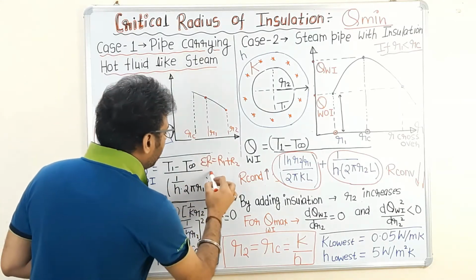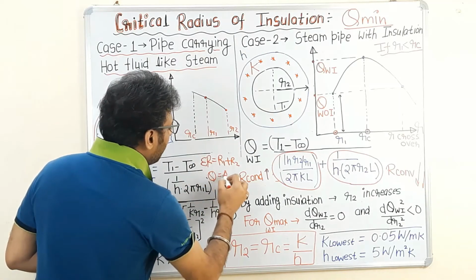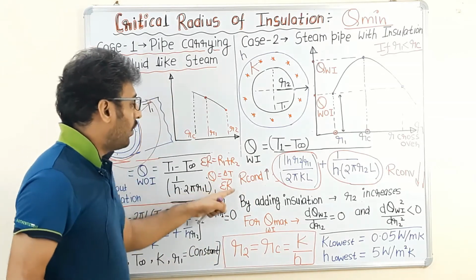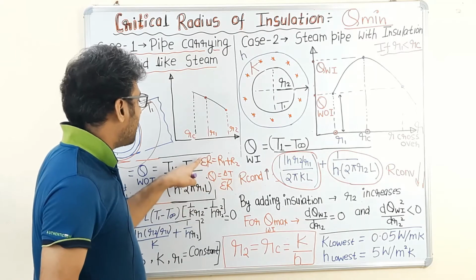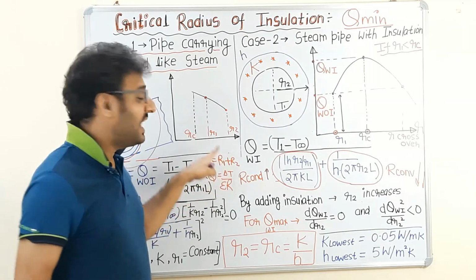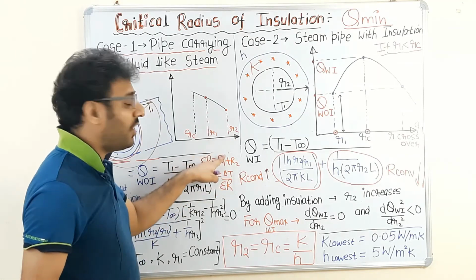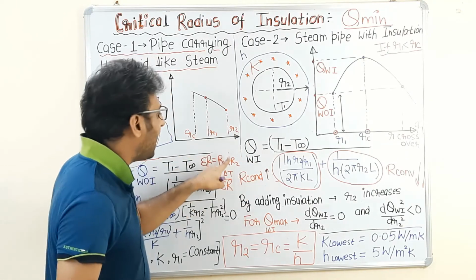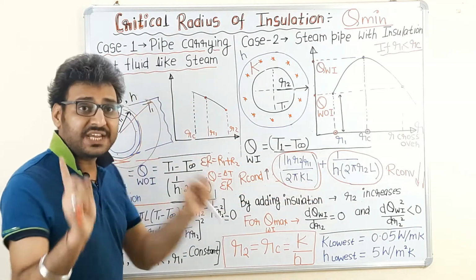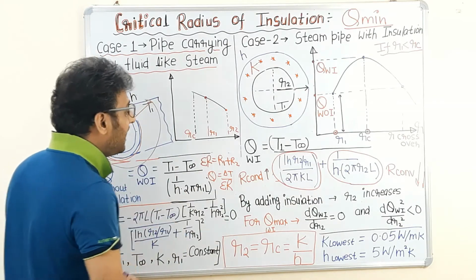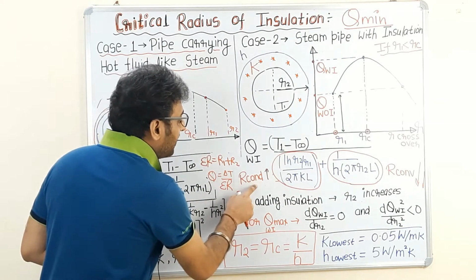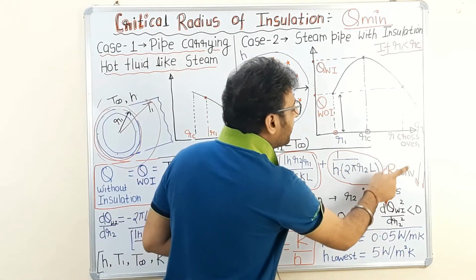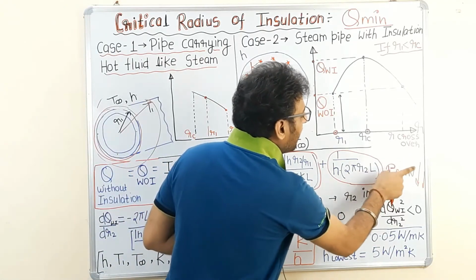This equation can be written as Q is equal to delta T divided by sigma R. Now we can see that sigma R is basically the resultant of R1 and R2, where R1 is conductive resistance and R2 is convective resistance. Initially, the increment in R conductive is less as compared to the decrement in R convective.